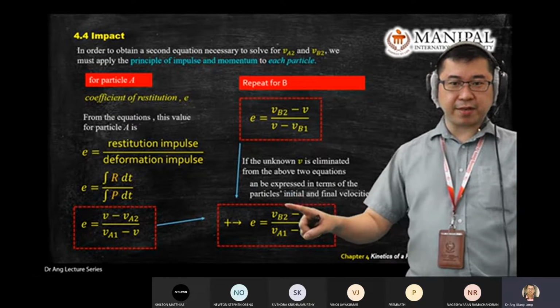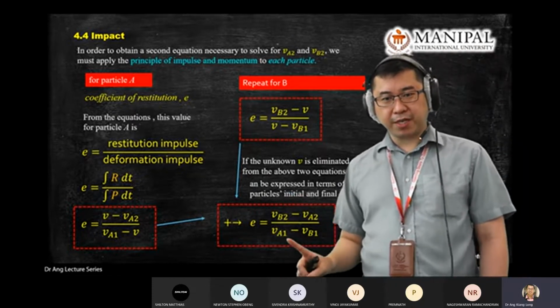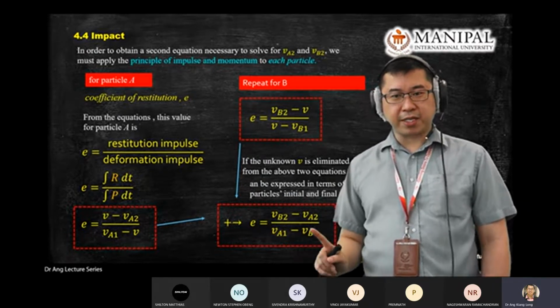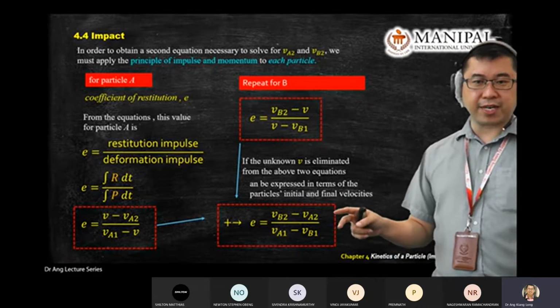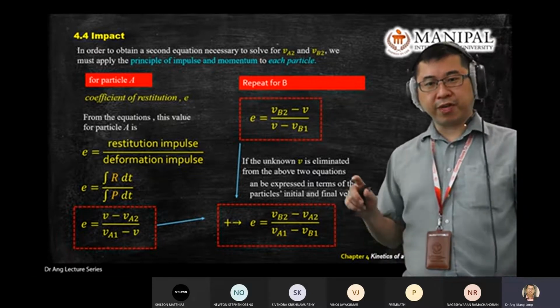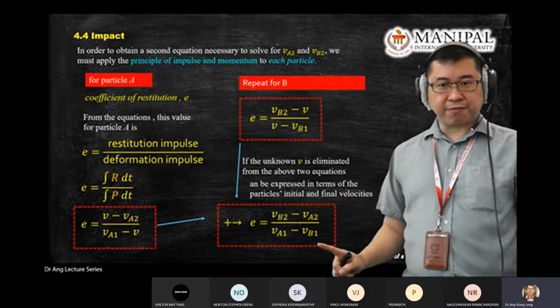So you take B minus A. What happened before maximum deformation? A move faster than B. That's why you take VA minus VB. You can treat it as a ratio of differences in velocity before and after.